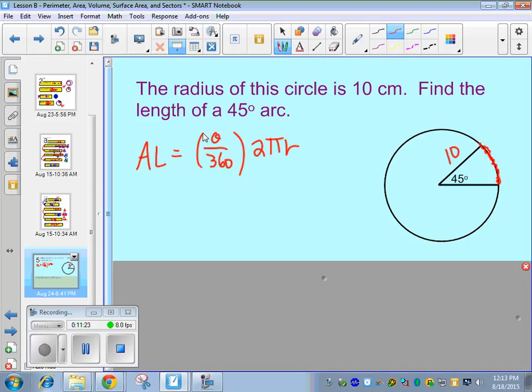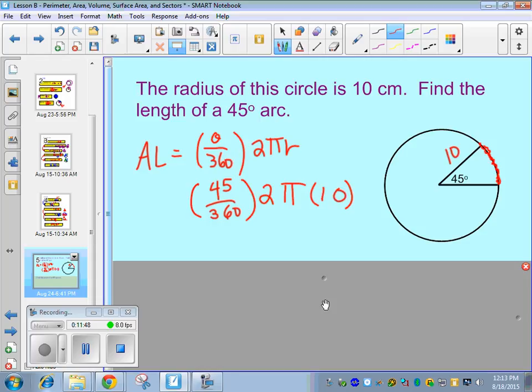Whatever you like to use for perimeter, whether it's 2 pi r or d pi. What are we going to plug in for theta? 45 degrees. Good, over 360. So this is always theta, that central angle. Times 2 times pi times, what do we plug in for r?